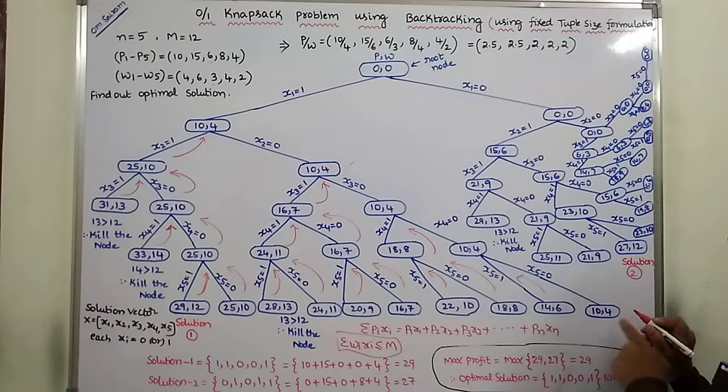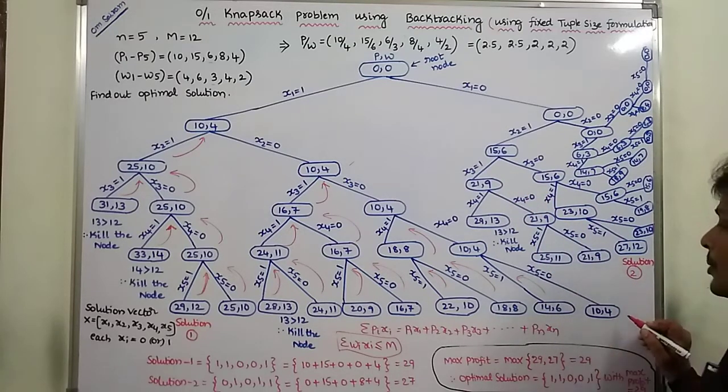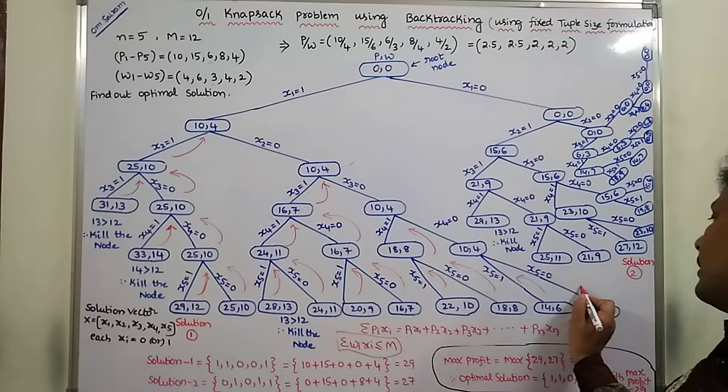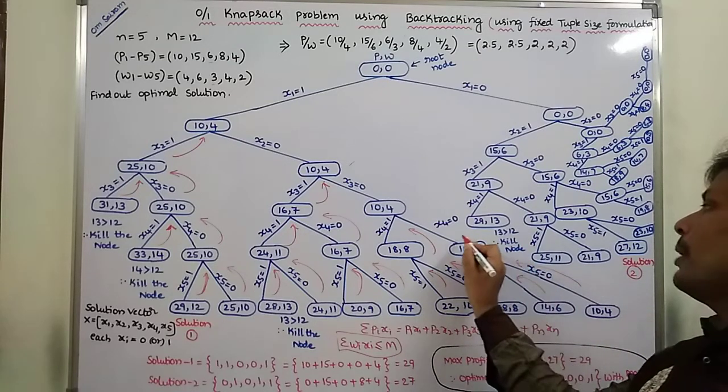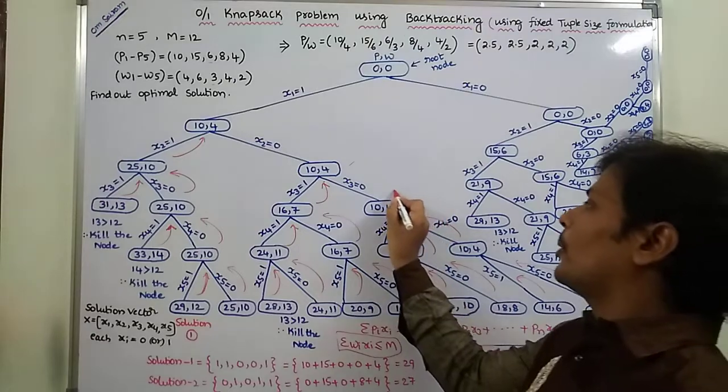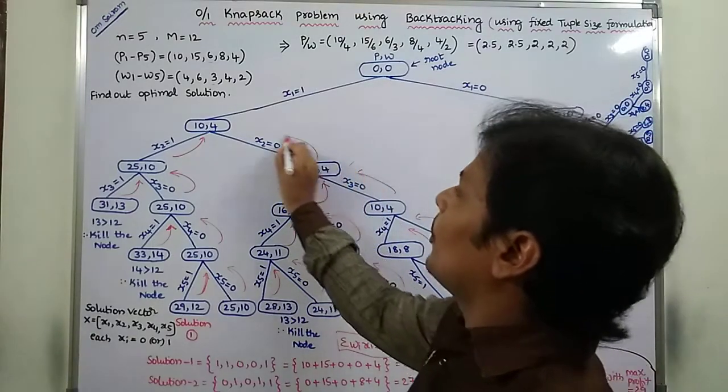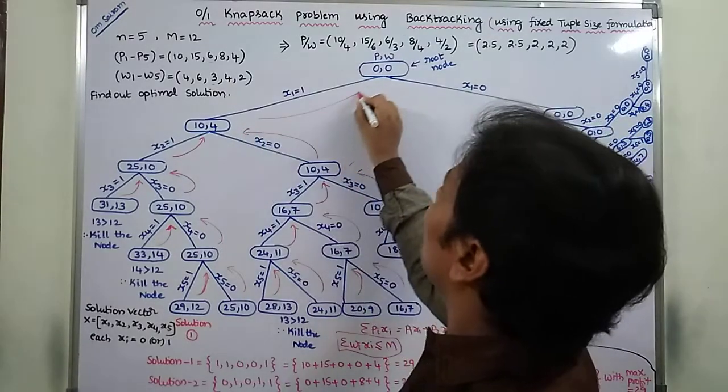Condition true, we have to extend that node, but there is no possibility because all 5 objects are completed, so it is not a solution, and we go backward. Now we go to backtracking.